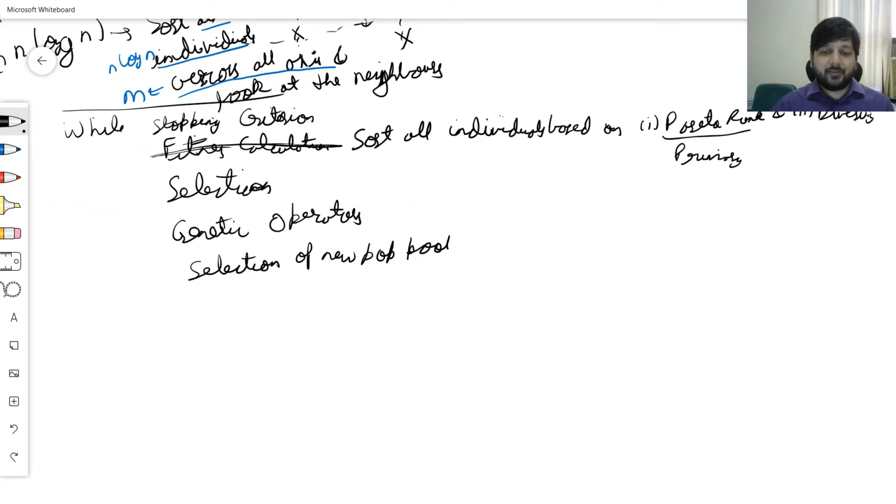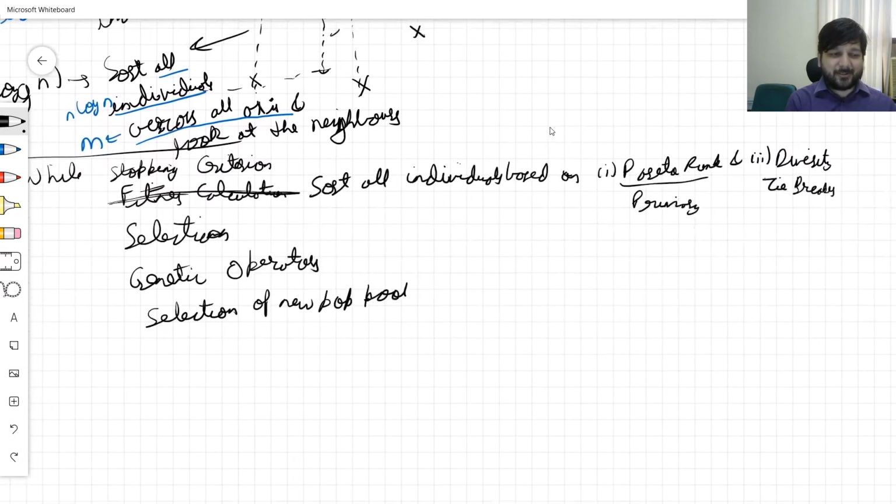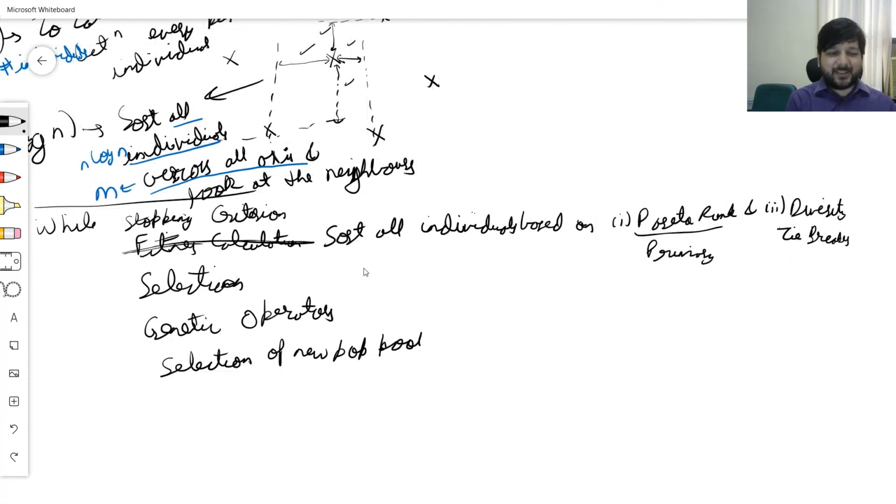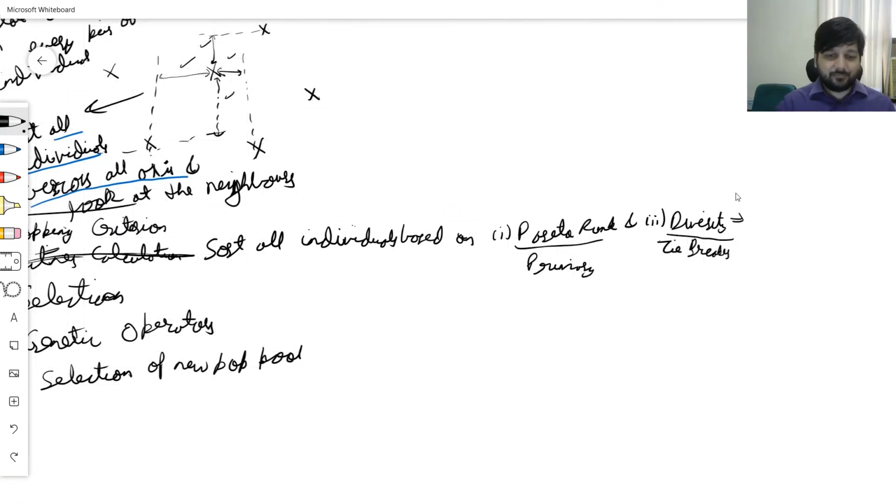Diversity is a tiebreaker, which gives me ranks, and you know expectation is inversely proportional to rank. So my first step is to sort all individuals based on Pareto rank as a primary criterion and diversity as a tiebreaker. This gives me rank.